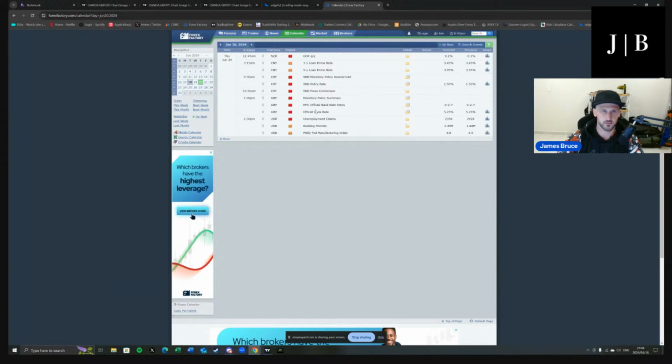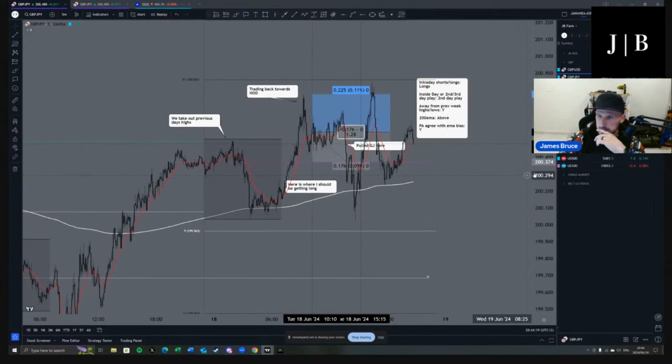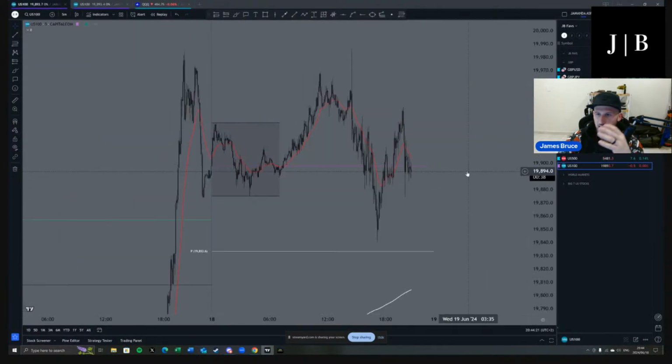And then we do have GBP CPI on Wednesday, and then we have the official bank rate on the Thursday. So we'll see if we can get anything heading into the rest of the week. But yeah, I have found that my best trades come latter half of the week. So we'll see what does happen, right?